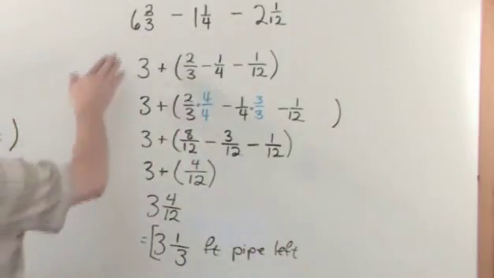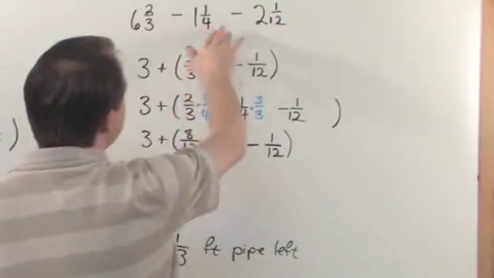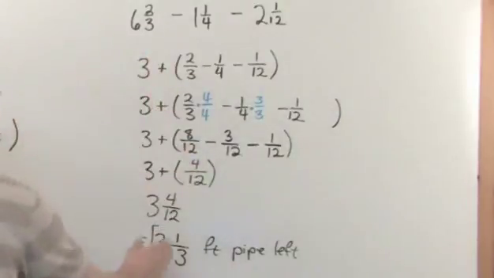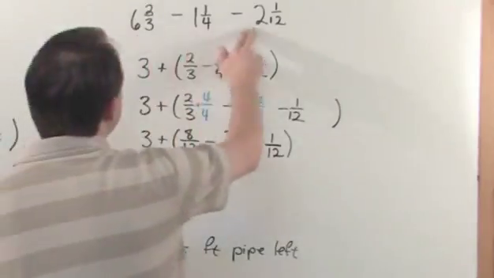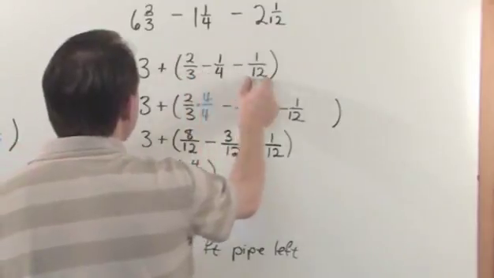Okay, if you start with 6 2/3 feet of pipe, you subtract off 1 1/4 feet of pipe, and you subtract off another 2 1/12 feet of pipe. Going through it, you will have 3 1/3 feet of pipe remaining. The only thing that was tricky about it was I had to subtract my whole numbers, and then I had to deal with my fractions separately, and I had to find the common denominator.